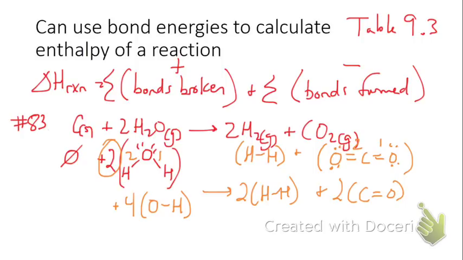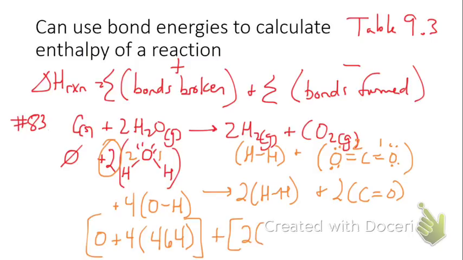So we have 0 plus 4 times the OH bond, which is 464. This plus 2 times, and remember, bonds formed are negative, 436, plus 2 times negative 799.